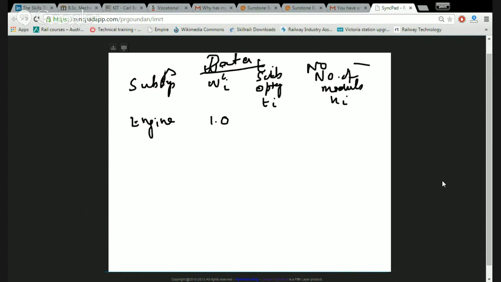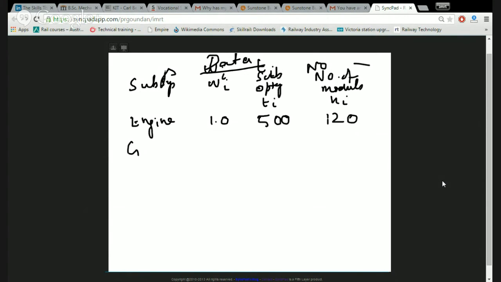If the engine fails, the probability of the total armored vehicle failing is 1. The mission is 500 hours, so naturally the engine has to work for 500 hours. The number of modules in the engine is 120.